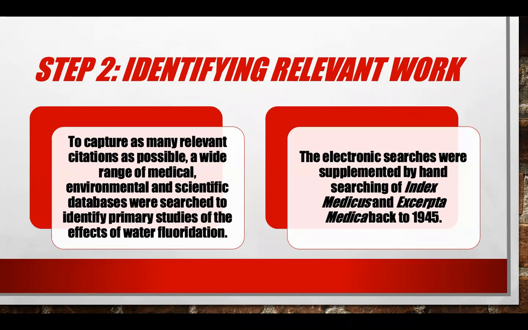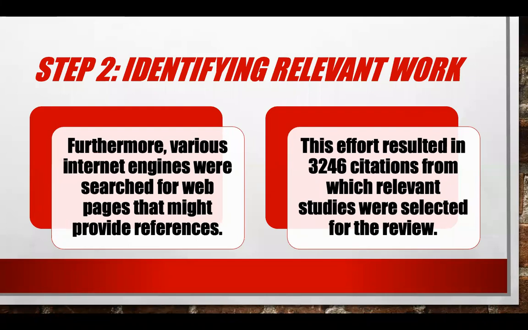Then, to capture as many relevant citations as possible, a wide range of medical, environmental, and scientific databases were searched to identify primary studies of the effects of water fluoridation. This is how you put it when you are sticking to the topic we mentioned. The electronic searches were supplemented by hand searches of Index Medicus and Excerpta Medica back to 1945. Furthermore, various internet engines were searched for web pages that might provide references.